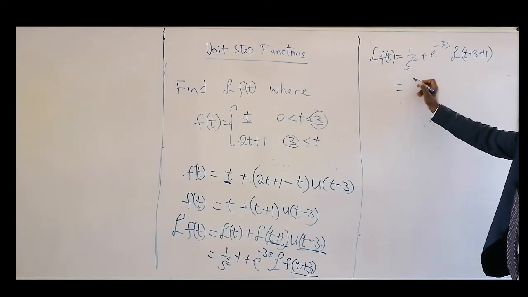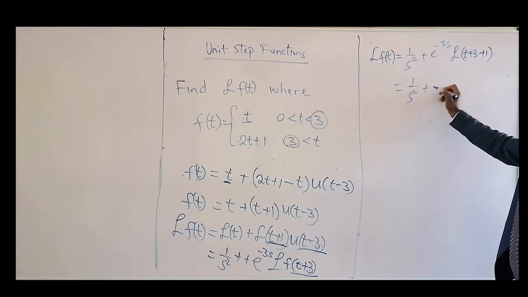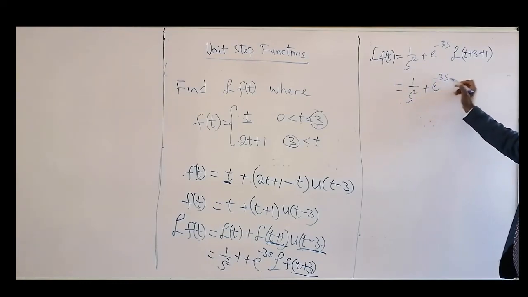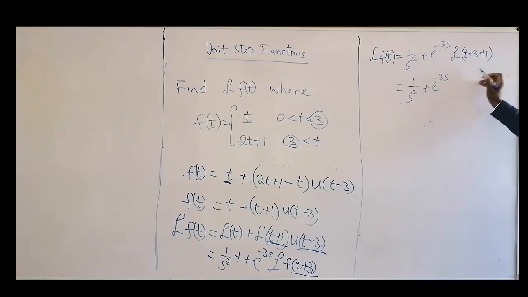That will be equal to 1 over x squared plus exponential minus 3x, then this will be t plus 4, which means I'm having Laplace of t, which is 1 over x squared, then plus Laplace of 4, which is 4 over x. And that finishes that question.